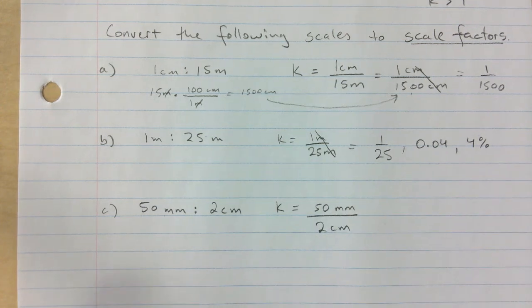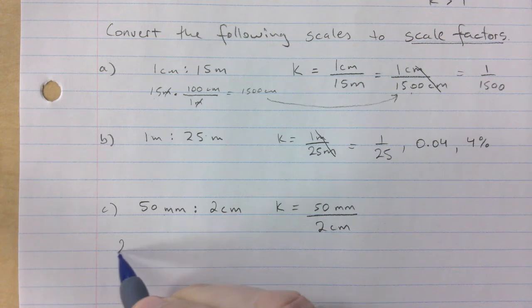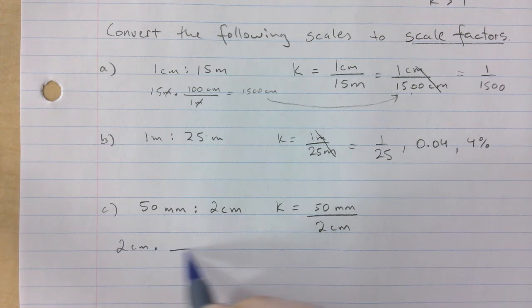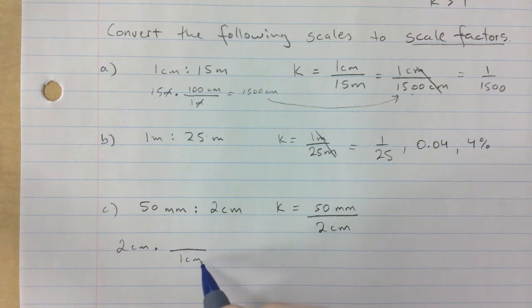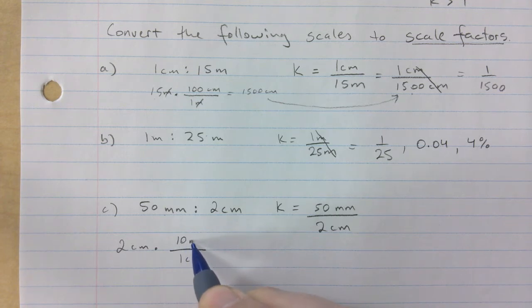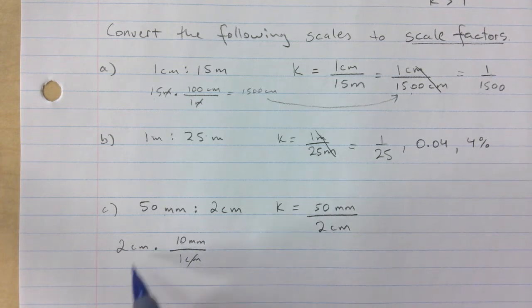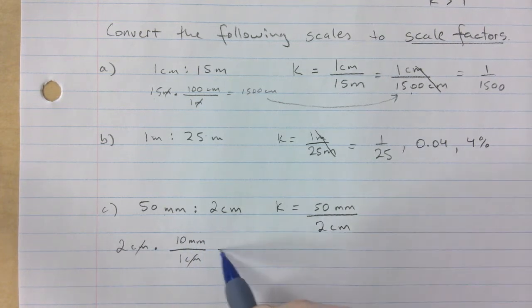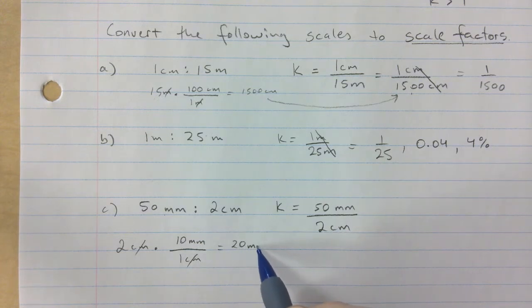So now it's up to you what you want to do. You want to convert the 2 centimeters to millimeters. It's probably easier, right? You go 2 centimeters times, I know that 1 centimeter has 10 millimeters. You cancel the centimeters here, and that's 20 millimeters.